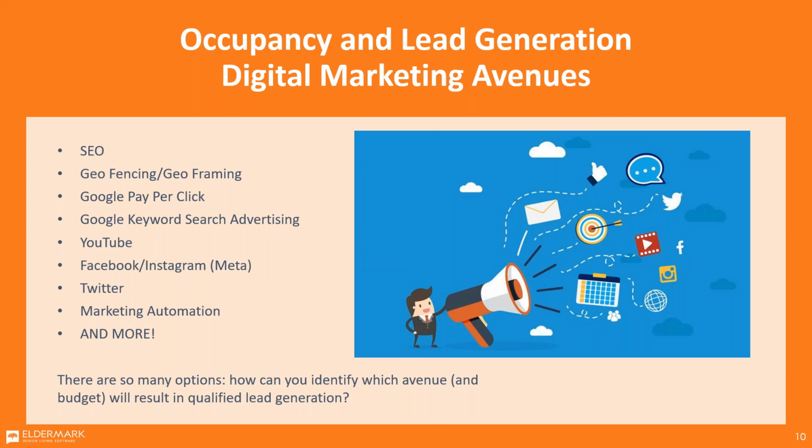So, there is search engine optimization. I just briefly spoke about geofencing, geoframing. We have Google pay-per-click, Google keyword search advertising, YouTube, Facebook, Instagram, Twitter, marketing automation, and there's so much more. So how can we identify which avenue and budget is going to result in qualified lead generation?